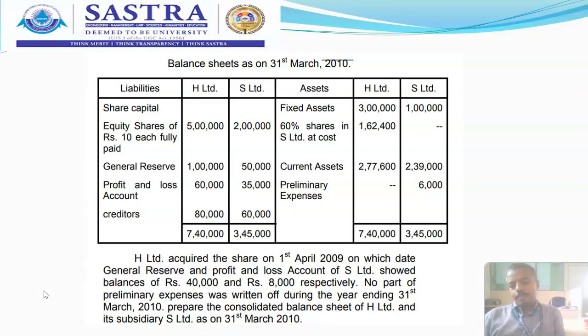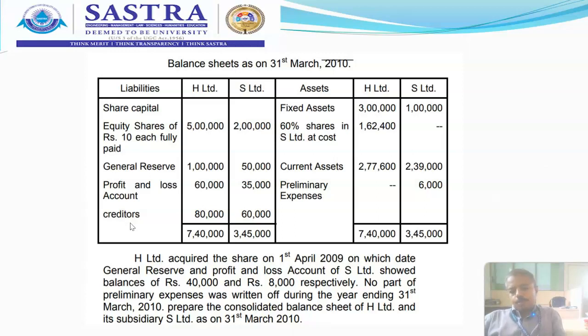We always have a doubt, because the profit and loss account is there in the balance sheet, liability side, and it shows a balance of rupees 35,000 in S Limited. Can't we take that entire 35,000 as revenue profit?